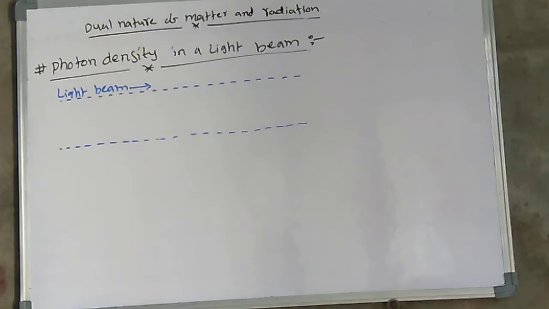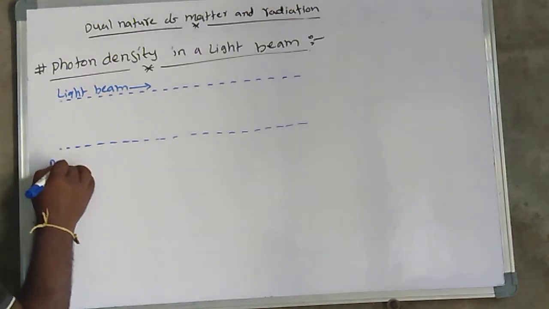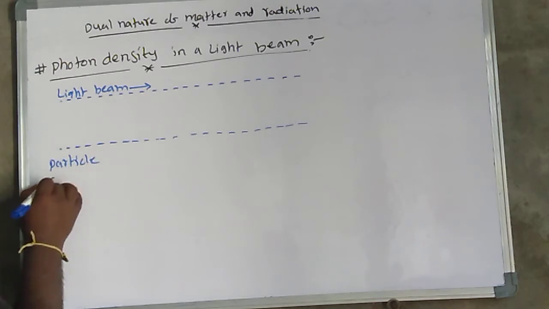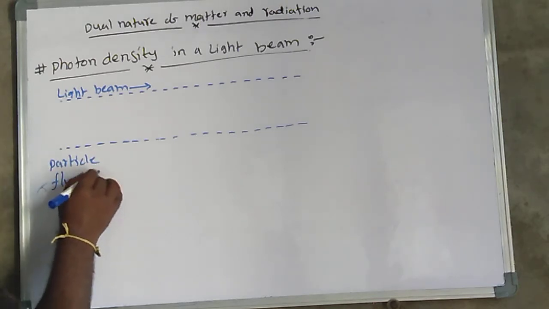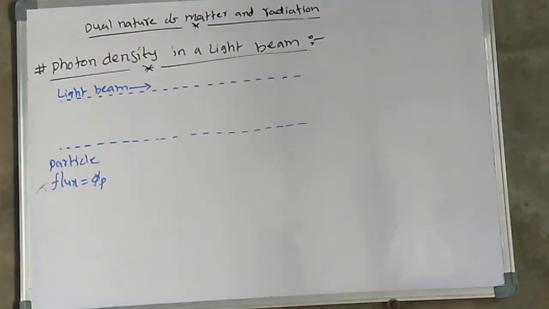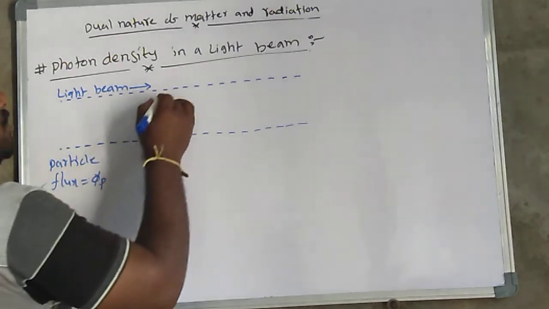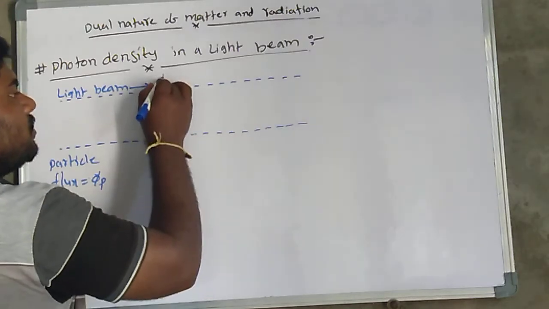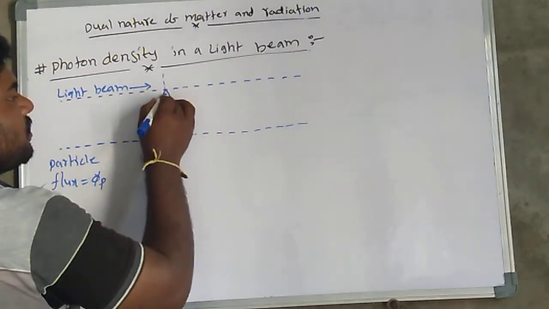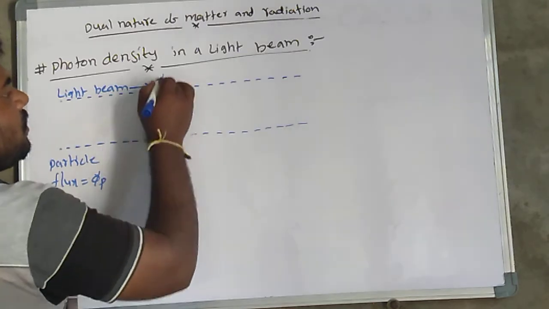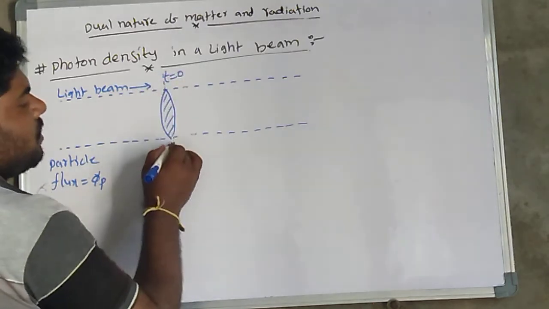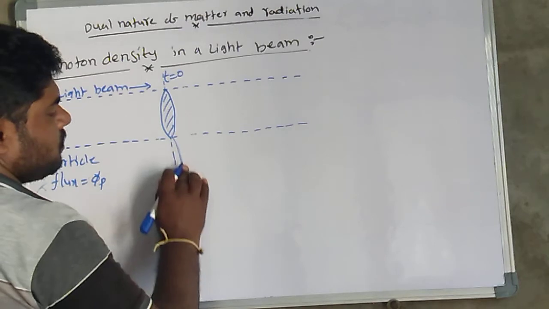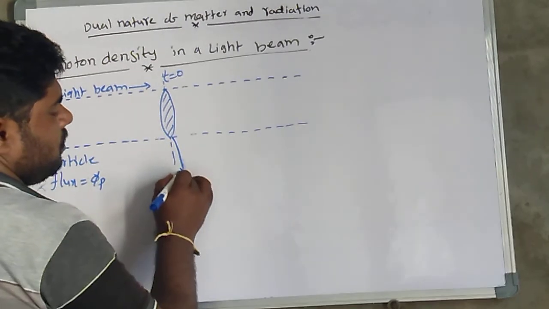So the particle flux is equal to phi. At t equal to 0, this is a cross section.